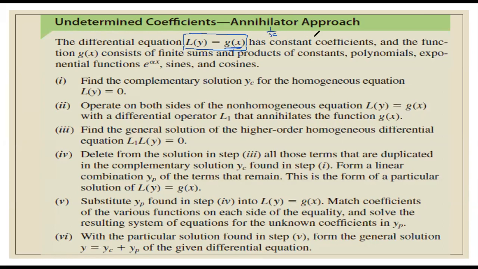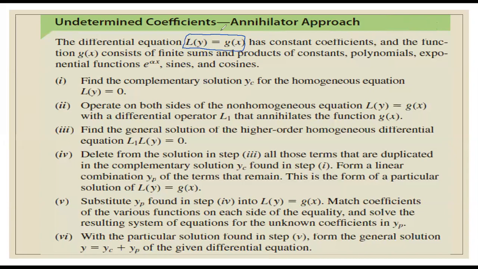If your g(x) is tan x, you can't use this method. If your g(x) is sec, you can't. If your g(x) is the square root of x, you can't use this method, sorry. If your g(x) is ln x, you can't use the annihilator method at all. Okay? So my g(x) is a simple function.